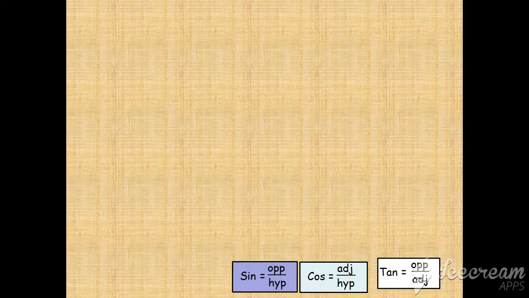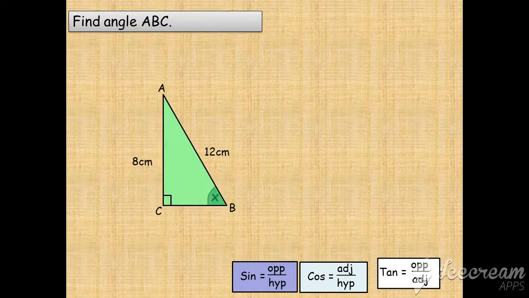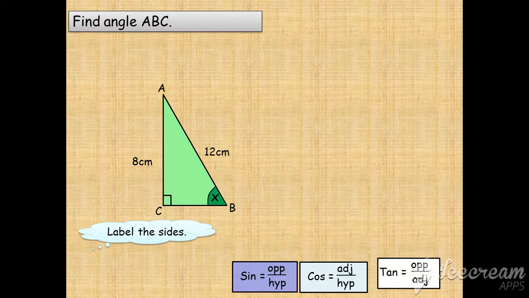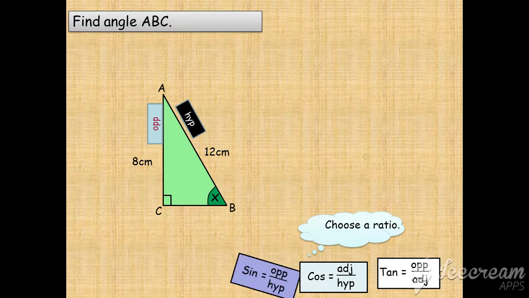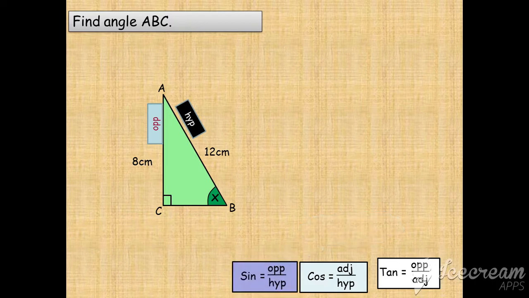Another example, I need to find the measure of angle ABC in this triangle. First step is to mark the sides. That means I'm going to say that 8 is the opposite side for this angle, and 12 represents the hypotenuse. Then I'm going to choose the ratio, sine or cosine or tan. I have opposite and hypotenuse, so it will be sine.